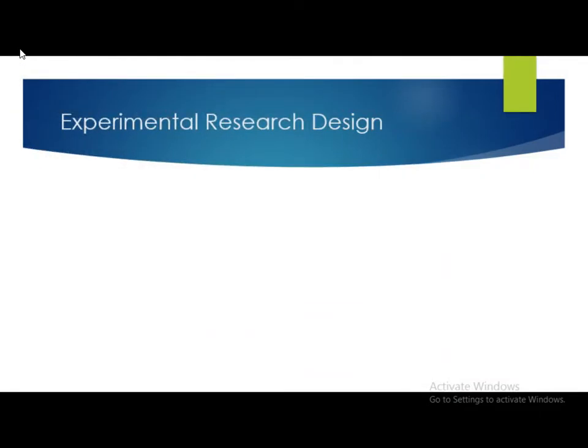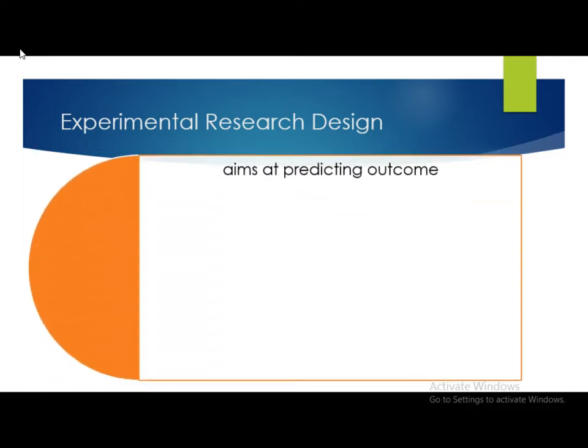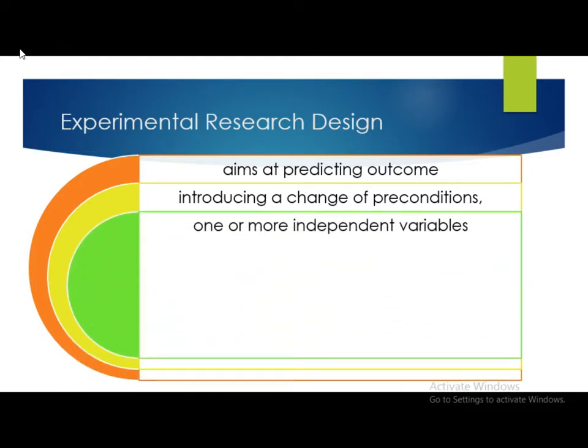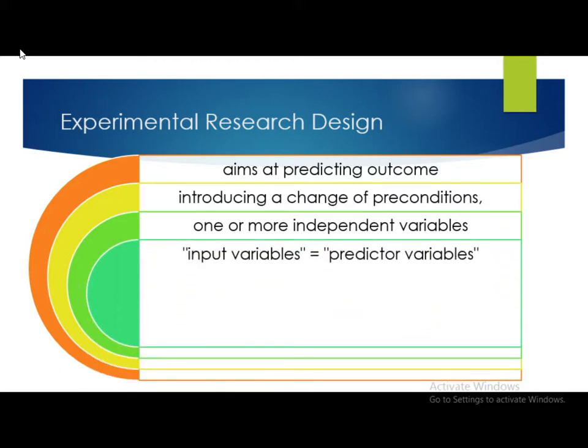Now we will understand the experimental research design concept more deeply. In its simplest form, experimental research design or experiments aim at predicting the outcome by introducing changes in the preconditions, which are represented by one or more independent variables, also referred to as input variables or predictor variables.